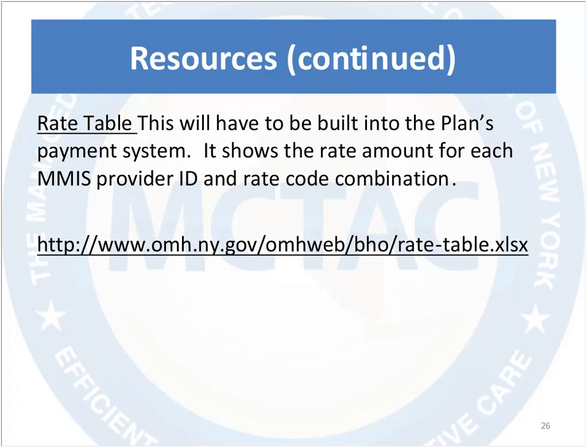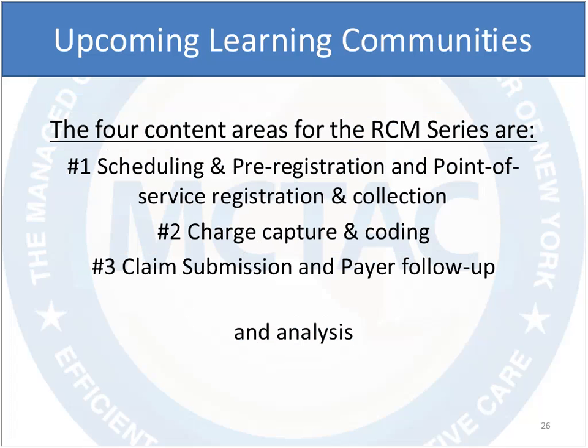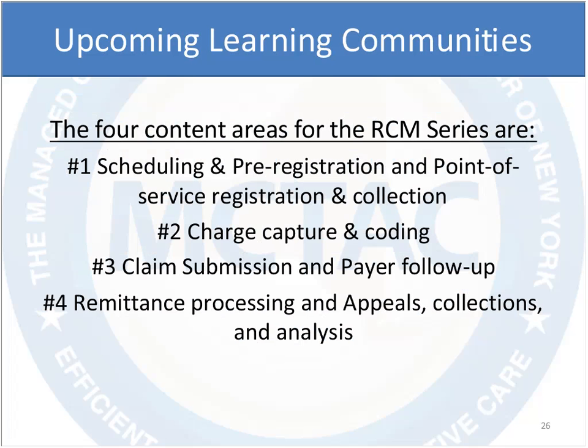The last piece in there that's helpful is the rate table. This is what I was talking about before, the information that's going to be provided to the plans. Get in there, make sure that your data is in there properly, because that is the information that's going to be passed along to the managed care plans.